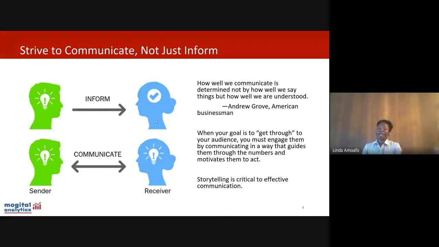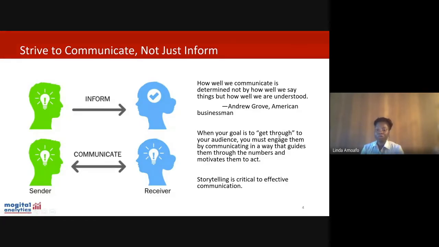On the other hand, when we communicate, we clarify what the data means. And when you communicate, you become an active participant in the delivery of the information, rather than just being a removed, neutral person, as when you are simply informing your audience.